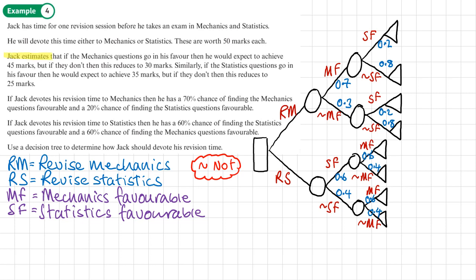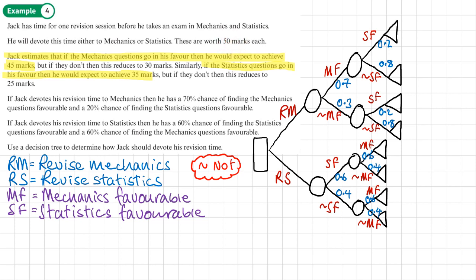Right, now we can go back to this statement up here. So Jack estimates that if the mechanics questions go in his favour, then he would expect to achieve 45 marks. And just skipping to this second bit here, if the statistics questions go in his favour, then he would expect to achieve 35 marks. Now that represents this branch up here, mechanics in his favour, statistics in his favour, and it's going to be a total of the marks.